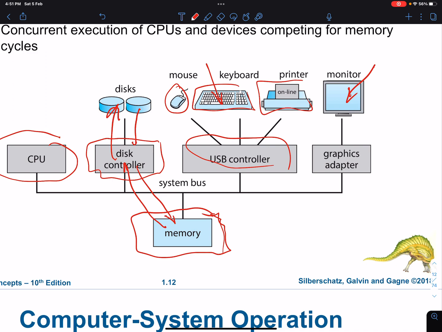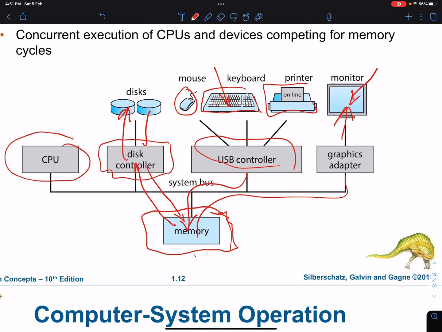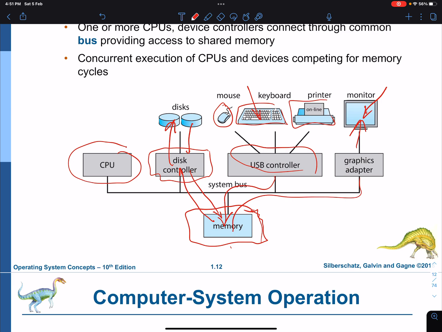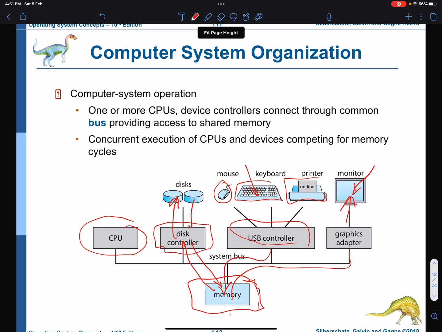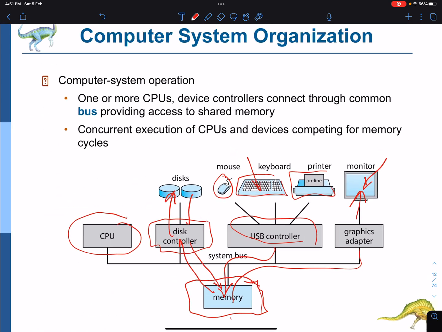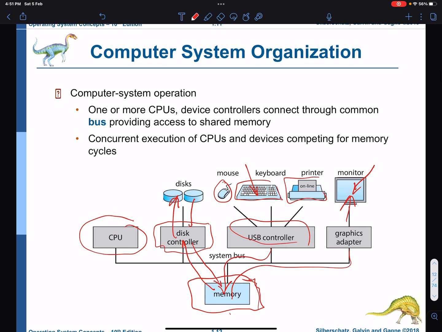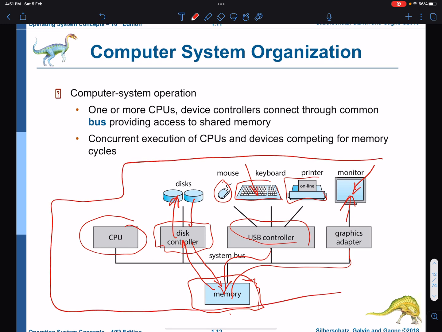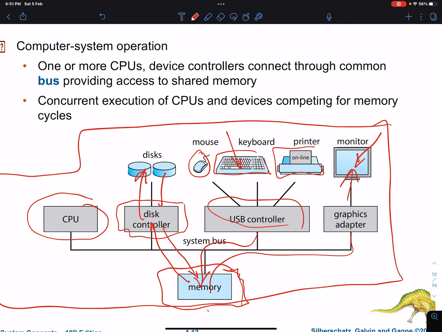So the keyboard gets the information into the memory, and the monitor gets it out of the memory, and so on. This is the computer system organization that we're going to be building an operating system for, so you can literally control each and every one of them.